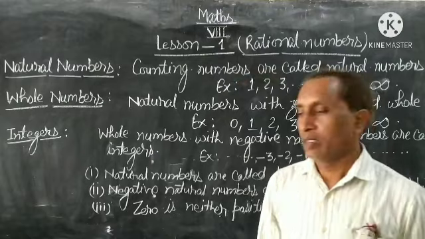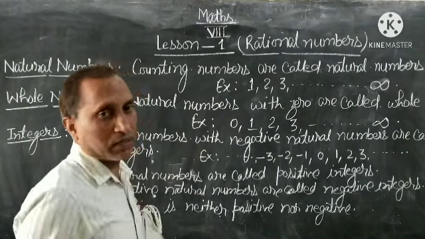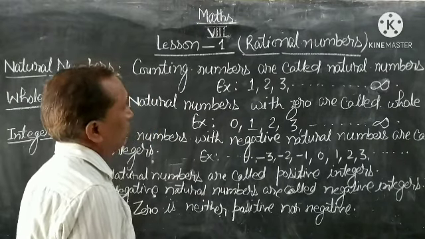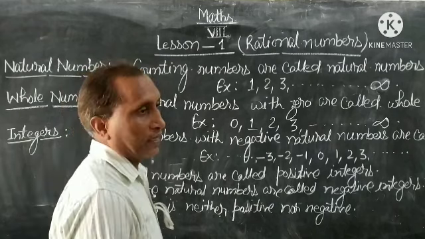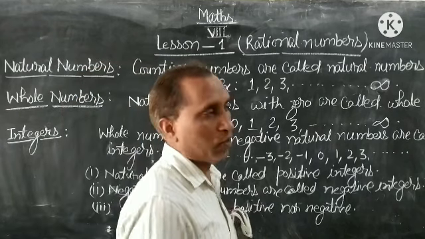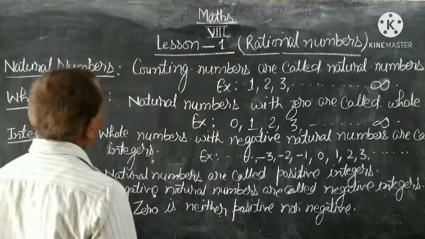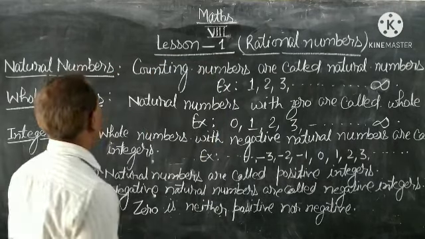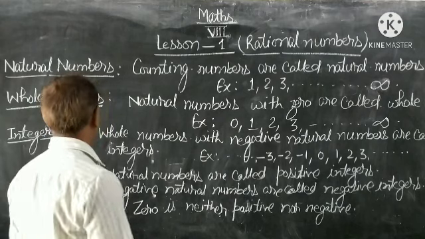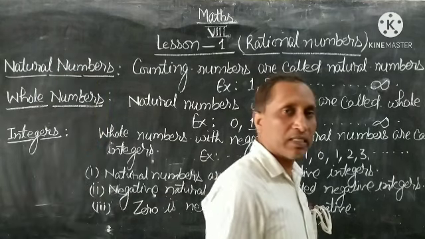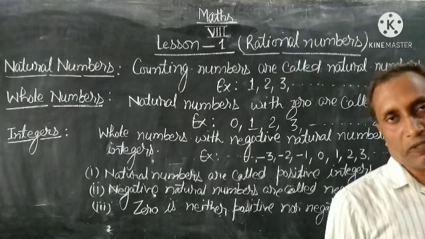Okay? Myself Sanjeev Srivastava. I am going to start lesson 1, rational numbers, in your mathematics class. The related terms are natural numbers, whole numbers, integers, fractions, and decimal numbers.